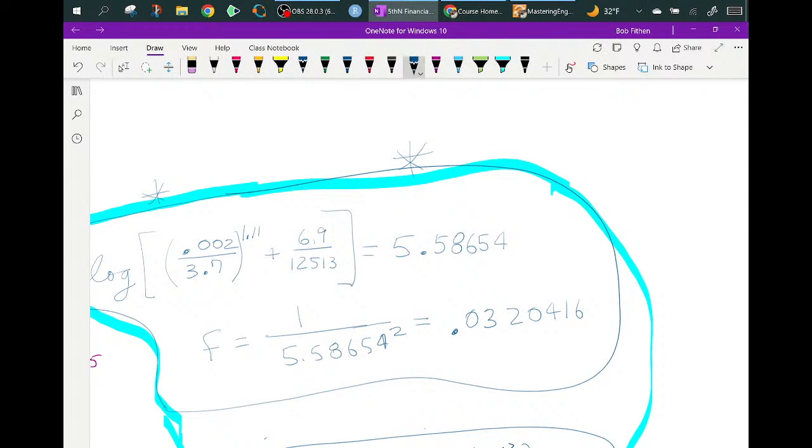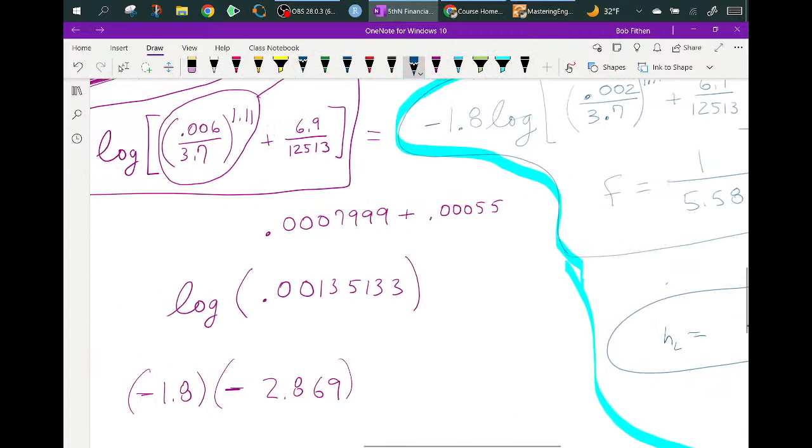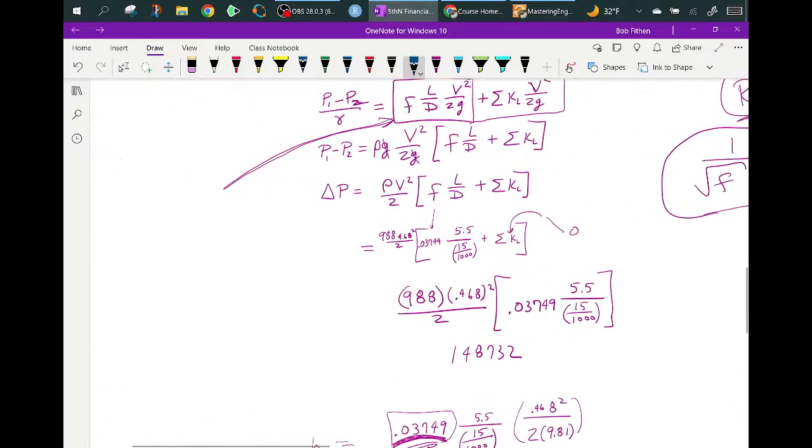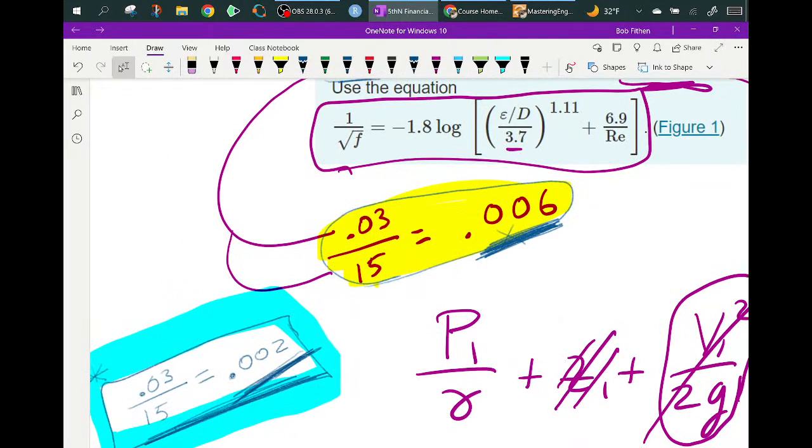You get a friction factor of 0.03 here, and then you put in the friction factor and you get the correct head loss. So that was my mistake, a simple mistake. This can happen to anybody, but for some reason I probably typed this in the calculator wrong. And so there's that one.